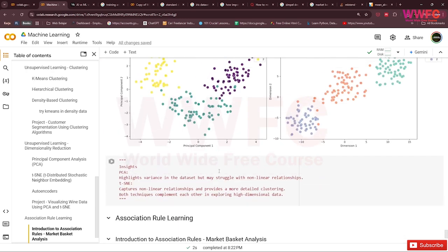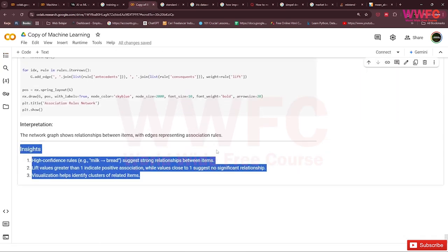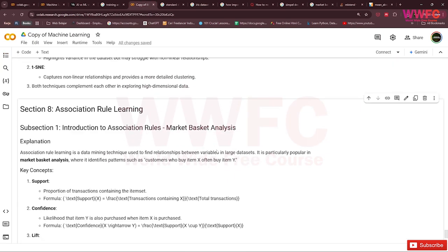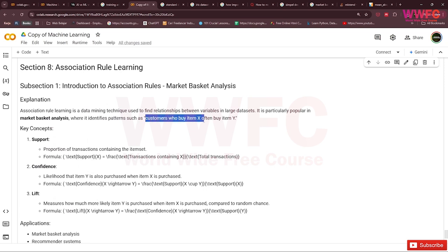The concept is like this: customers who buy item X often buy item Y. This is how we identify patterns in market basket analysis. That is subsection 1, introduction to association rules and market basket analysis. I will see you in the next subsection.